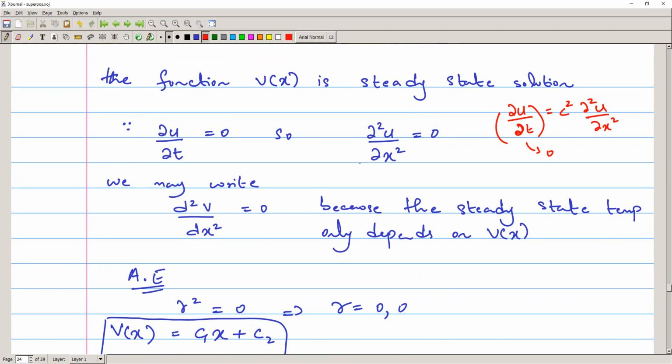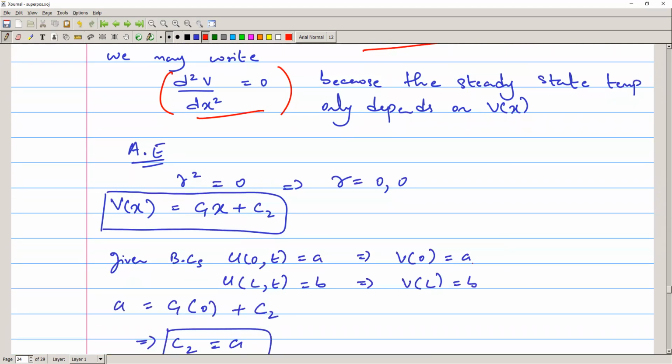So we'll only be left with ∂²u/∂x² = 0, right? So we may write this as d²v/dx², that is in the form of an ordinary differential equation, because the steady state temperature only depends on a function of x, that is v(x), right? So we can write it in the form of an ordinary differential equation.